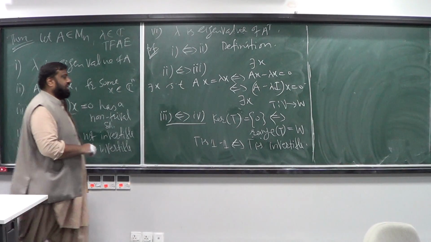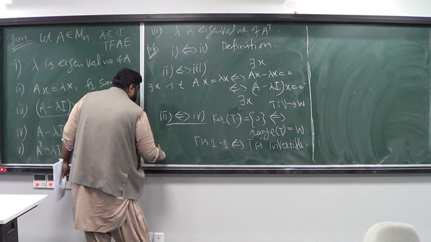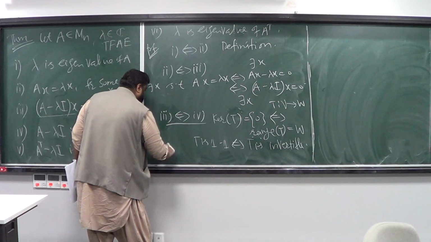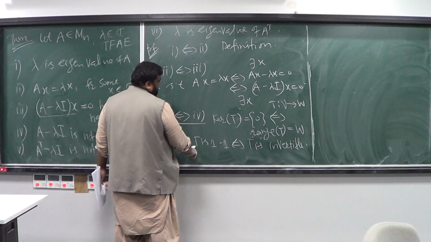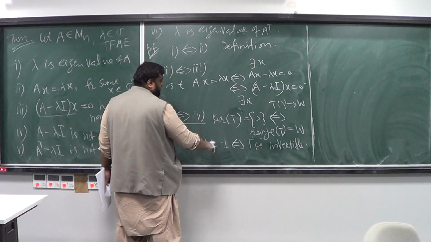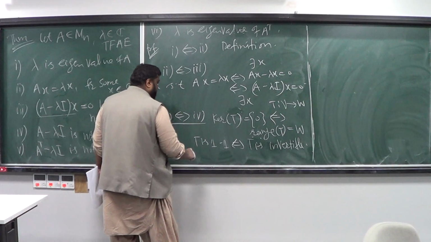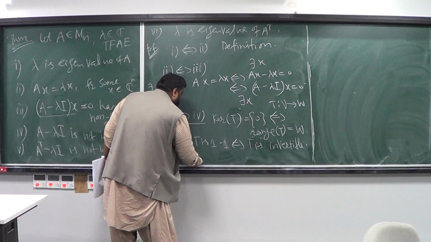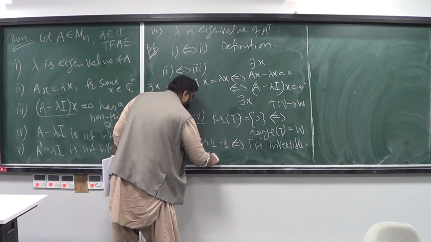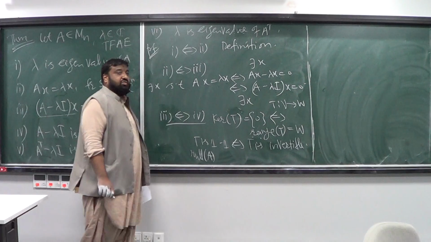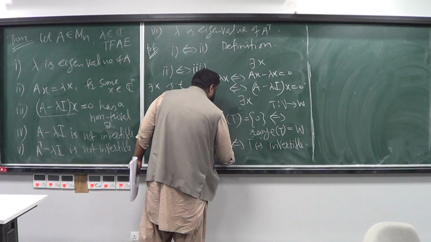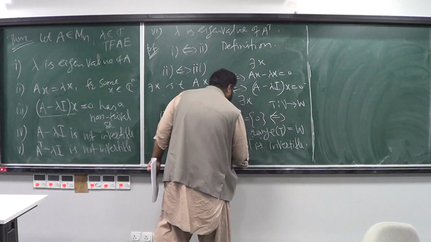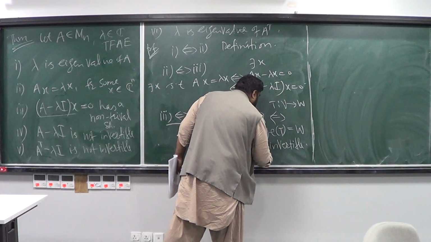The meaning of this is going to be that the null space of the matrix corresponding to this linear transformation T is trivial if and only if A is invertible.